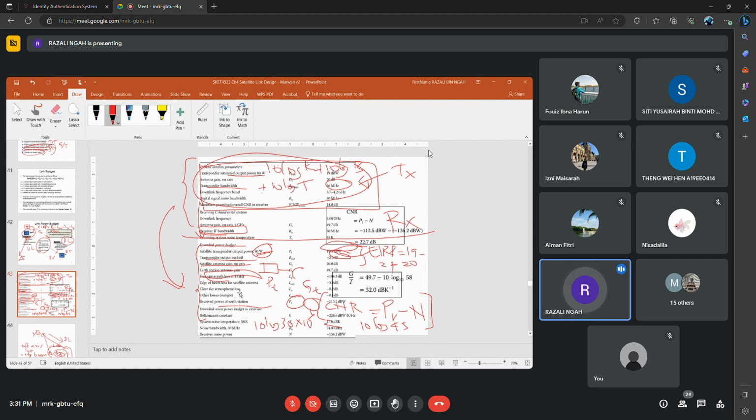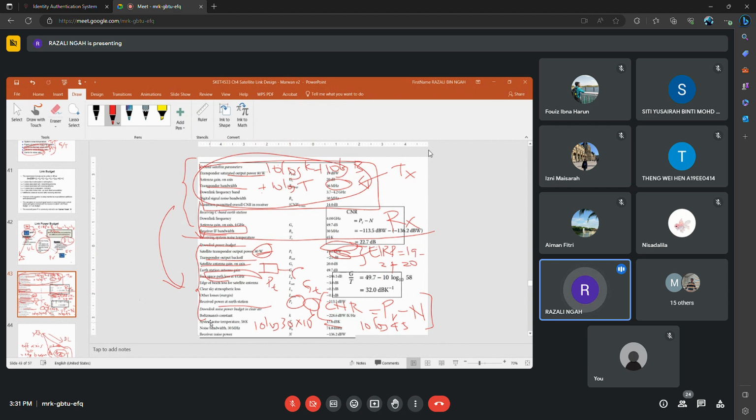It's because of this atmospheric loss, which increases the system noise temperature. But it's okay.